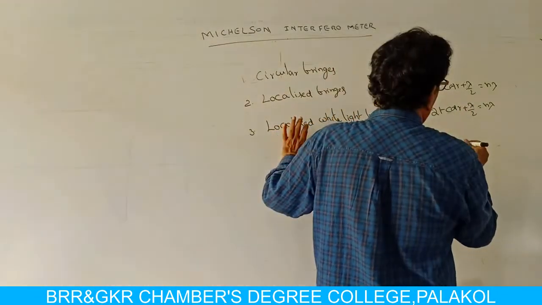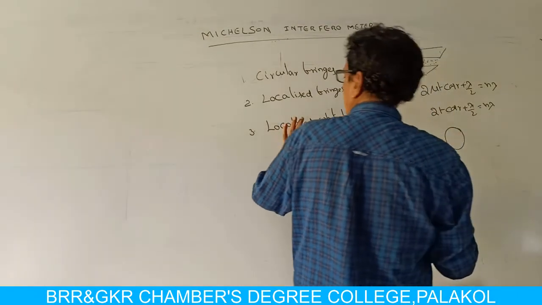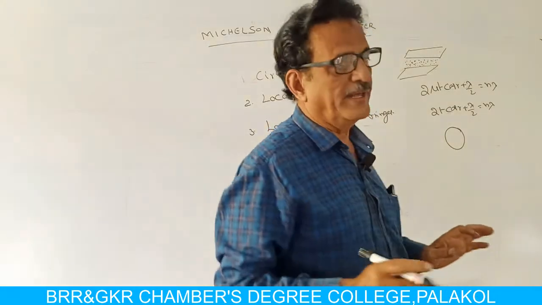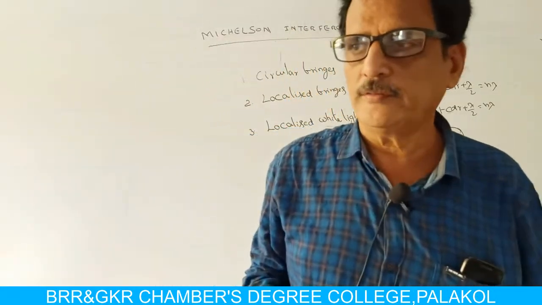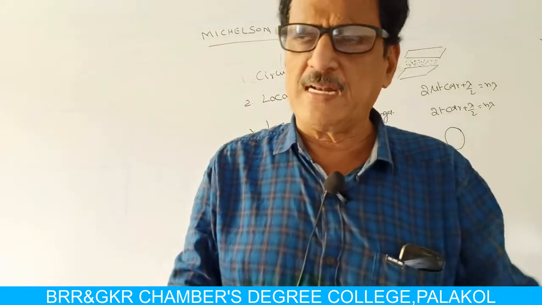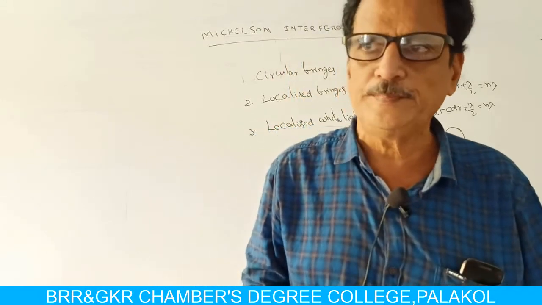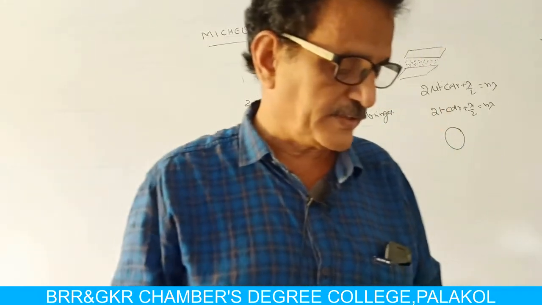If r is constant, then the fringe appears as a circular one. So, in case of parallel mirrors M1 and M2, we will get circular fringes.